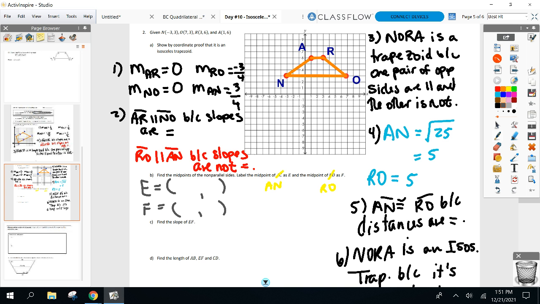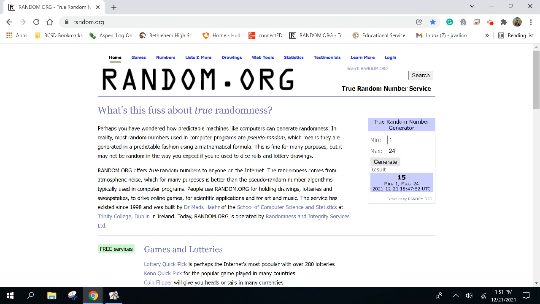Oh, it's negative 1. Can I get some opinions here, because we are short on time?